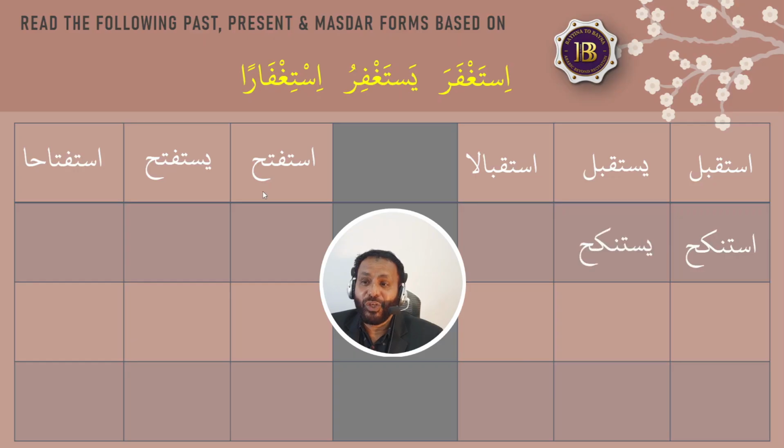Istankaha yastankihu istinkahan. Aha, ये meaning तो सबको पता होना चाहिए. What could be the meaning of this? How will you translate? Nikah. Nikah is nikah, but that doesn't use istankaha. What is the meaning of istankaha?